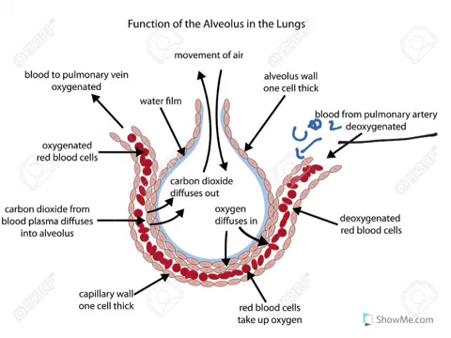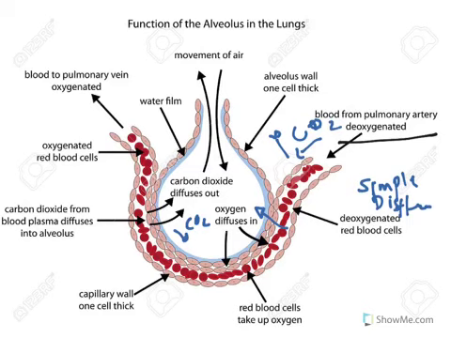CO2 will diffuse from the blood vessel into the alveoli because the concentration of CO2 in the blood vessels is higher compared to the air sacs, where CO2 concentration is low. So it's actually a simple diffusion process between CO2 and oxygen. So the gases will be easily diffused between the air sacs and the blood vessel.